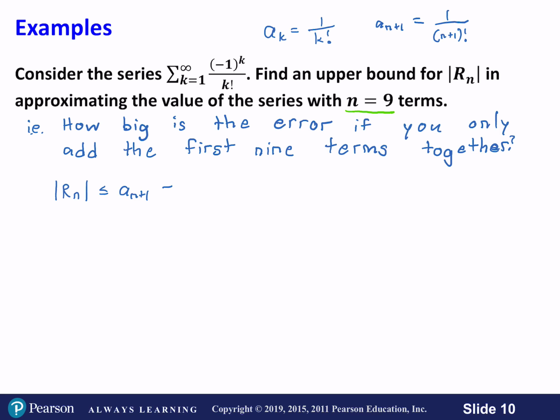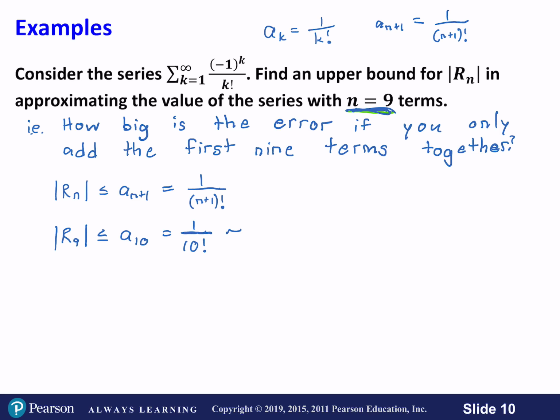So specifically, if we have n equals 9, R9 is less than or equal to A10, which is 1 over 10 factorial.